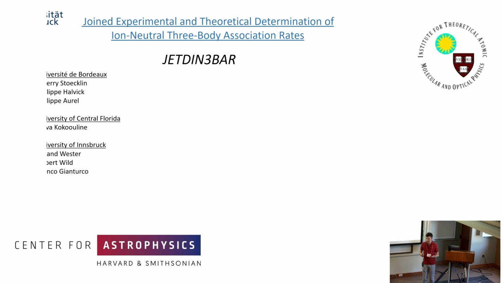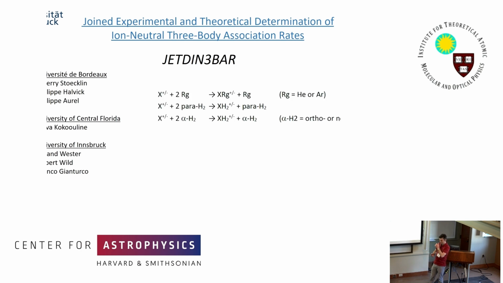And the idea of this whole program is that we want to build up understanding of three-body reactions, right? So we want to start with really simple ones. We have some ion with rare gas, and then ion with para H2, and then with normal H2.